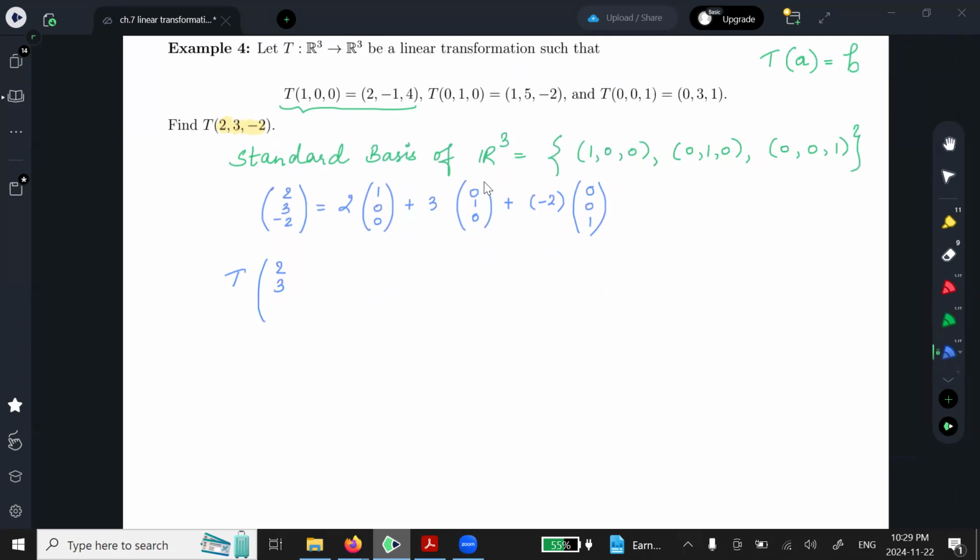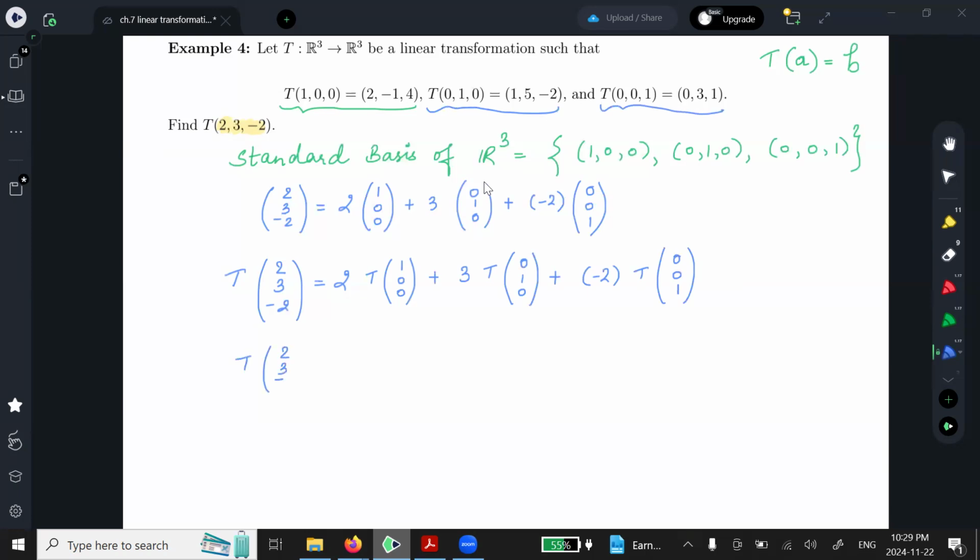The image of this vector will equal 2 times the image of the first elementary vector, 3 times the image of the second elementary vector, plus -2 times the image of the third elementary vector, and these are all given to us right here.